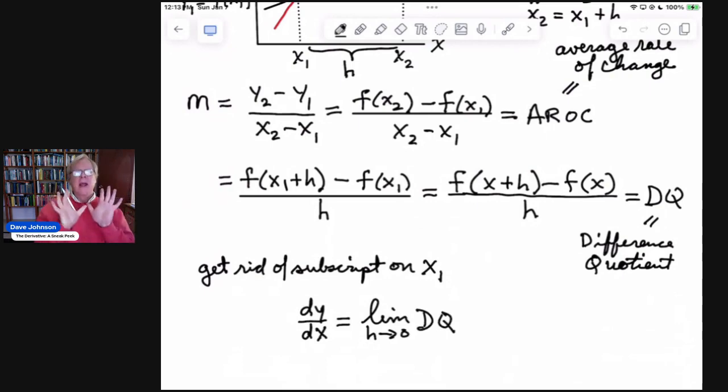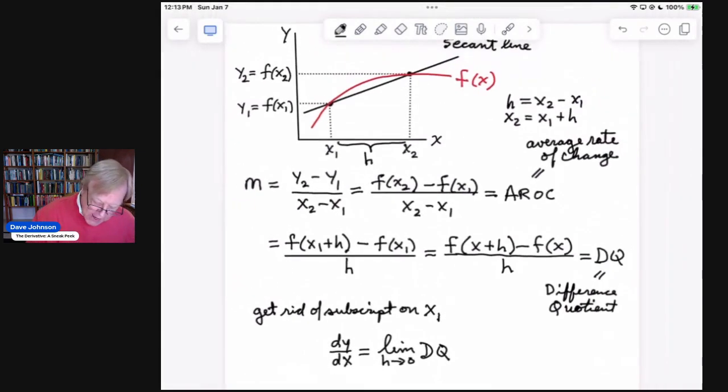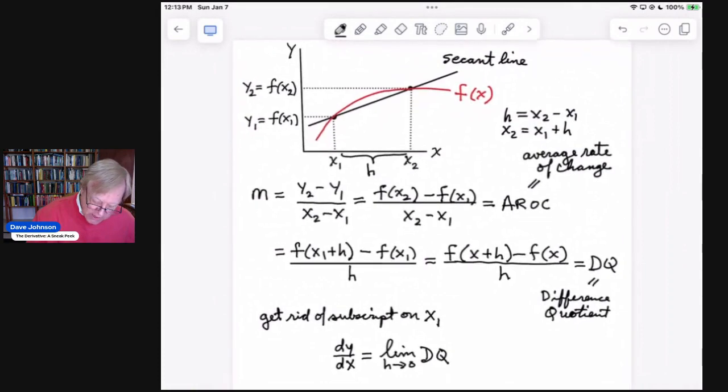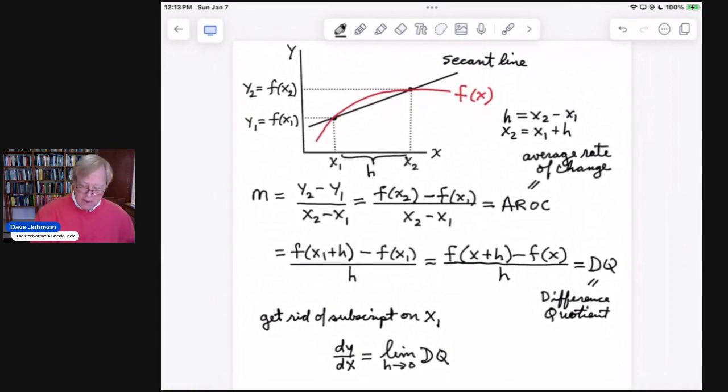Now, I'm not going to explain that now because that would be giving away the fun stuff that your calculus teacher is going to be sharing with you. But if you understand everything that I've drawn here, including the difference quotient, then you can see why you study limits and really what the derivative is in terms of a limit of a difference quotient. I know that's a lot, but it's all based on the algebra that you already know.